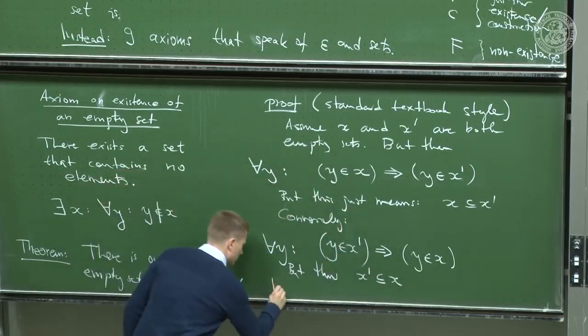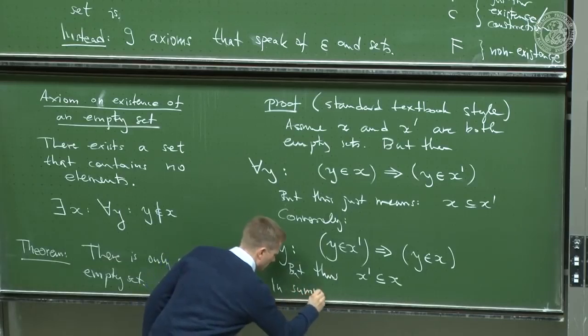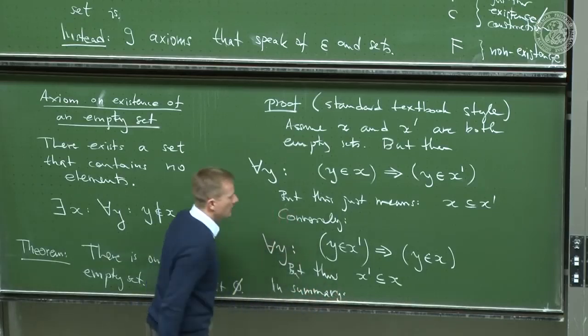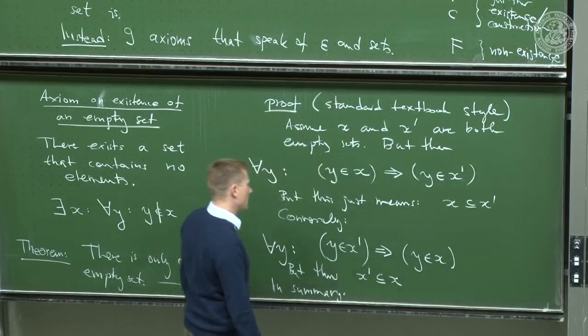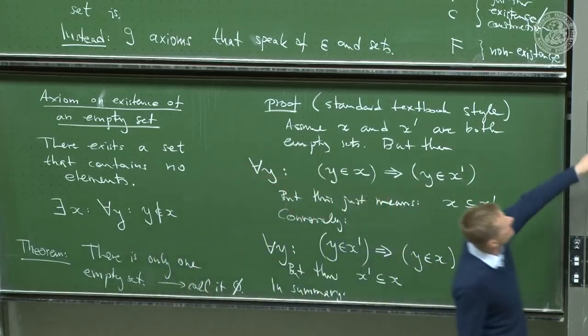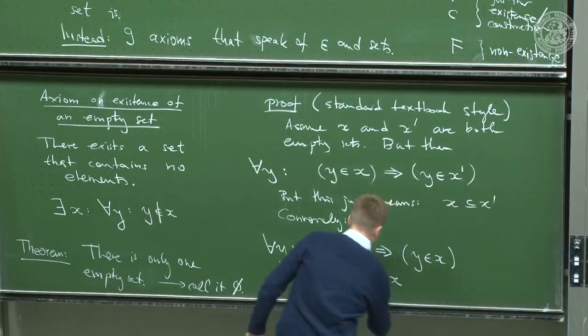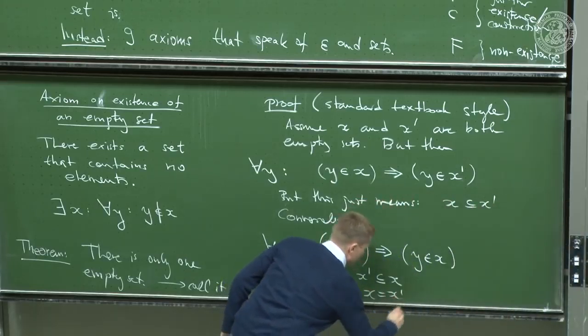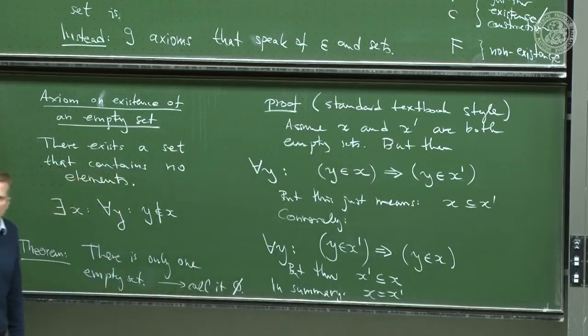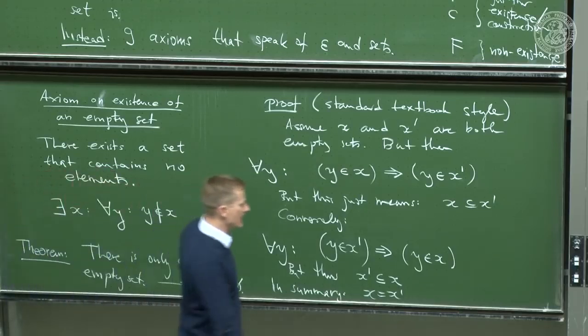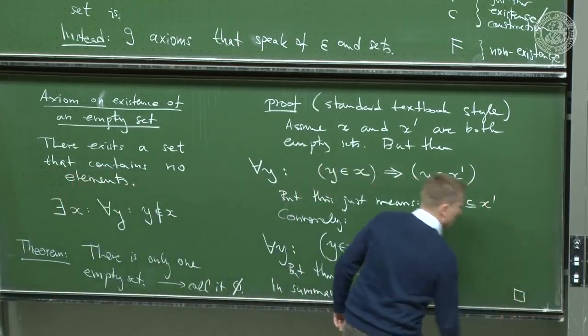So in summary, x is a subset of x prime, which is a subset of x, both together hold. So in summary, x equals x prime. Aha! You take two empty sets, they must be the same, meaning there is only one empty set.